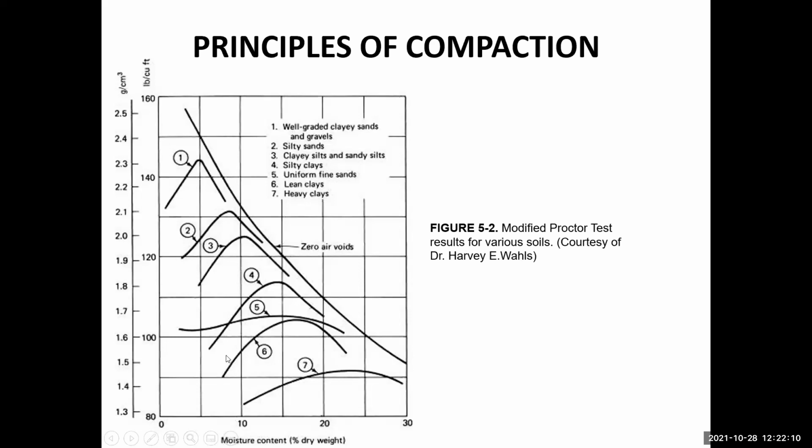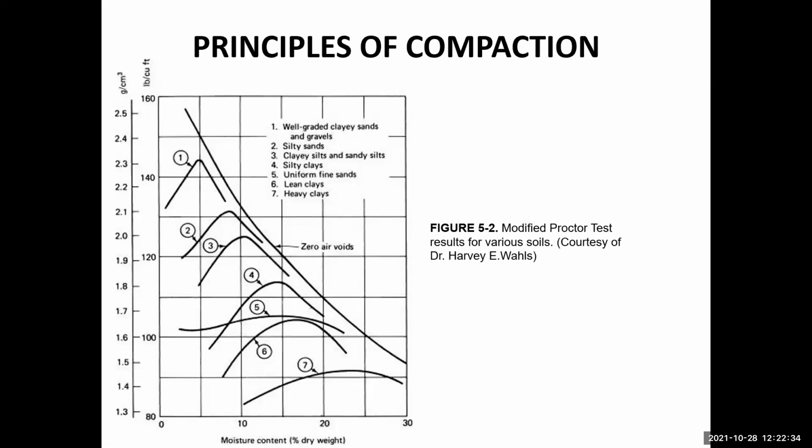Similarly, for number 6, for lean clays, it's very difficult. And for number 5, you can see that although the density is relatively higher than the heavy clays, with different moisture content there is hardly any appreciable difference in the densities. So this curve is for the uniform fine sands.